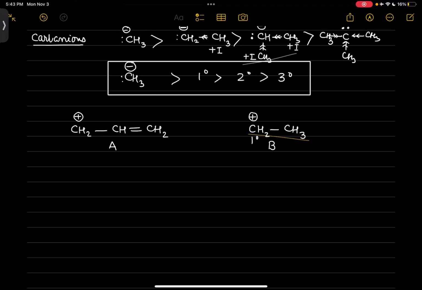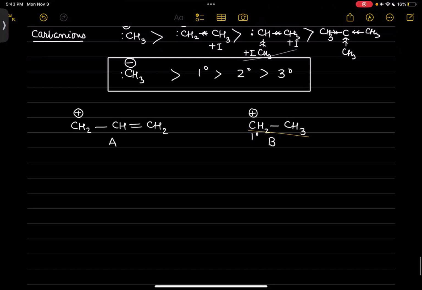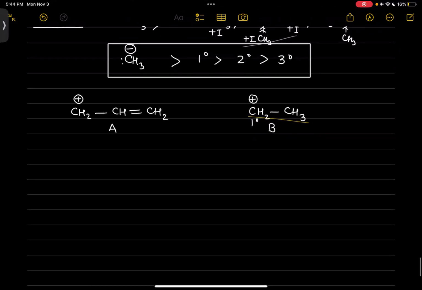Getting my point or not? Yes, sir. If the electrons are being taken away, it won't be stabilized, because it doesn't have any electrons, so it needs electrons to get stabilized. A positive charge needs to have more electrons. Is it clear or not?